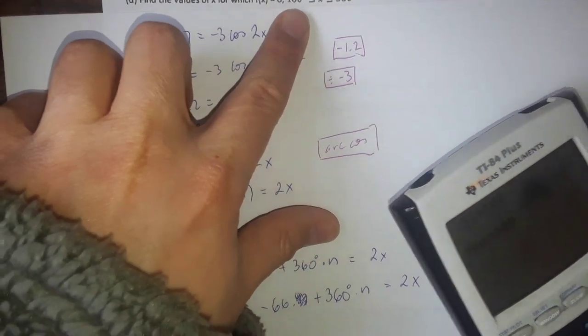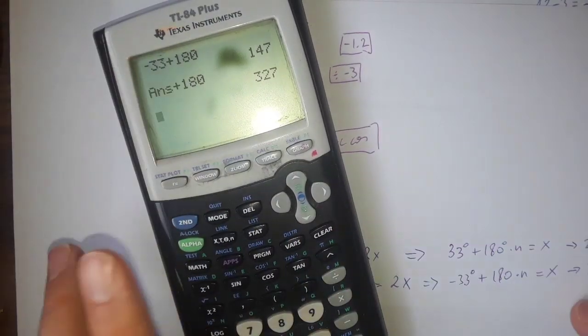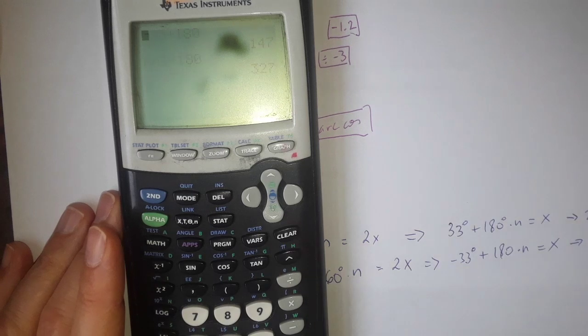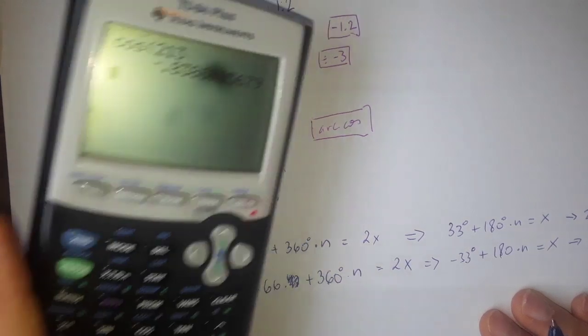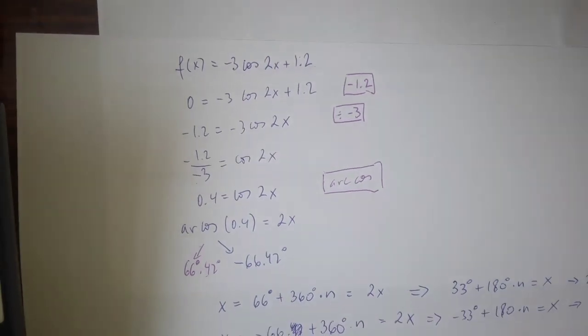Okay, so now let's check. If I do cosine of 213, no, sorry, what am I doing wrong here?